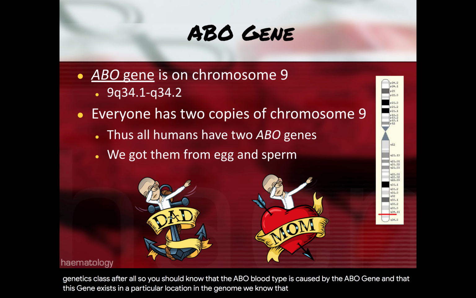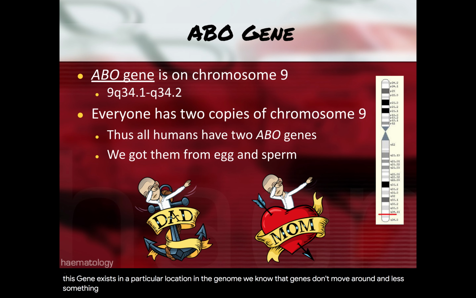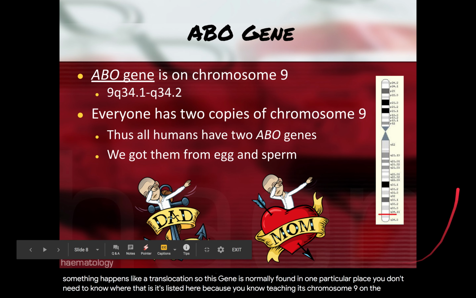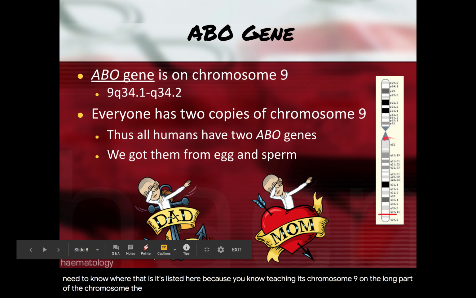We know that genes don't move around unless something happens, like a translocation, so this gene is normally found in one particular place. You don't need to know where that is. It's listed here because, teaching. It's chromosome 9 on the long part of the chromosome, the Q arm, at this region 34.1 to 34.2. Always there, so you need to know it's in one place.